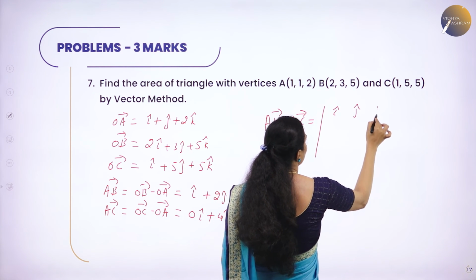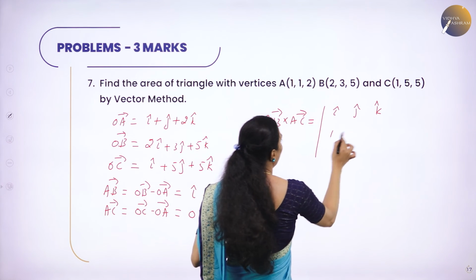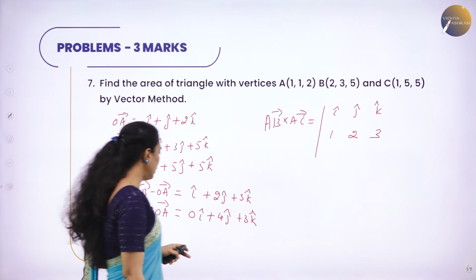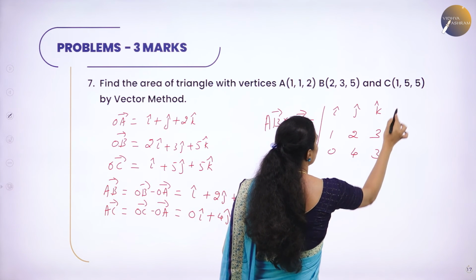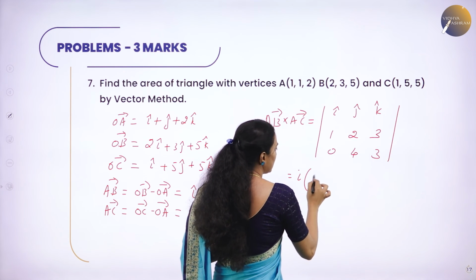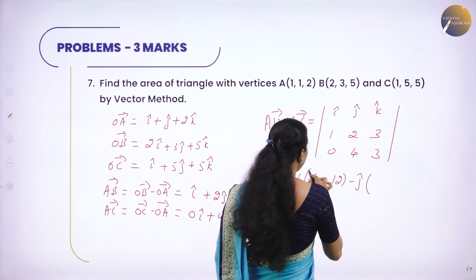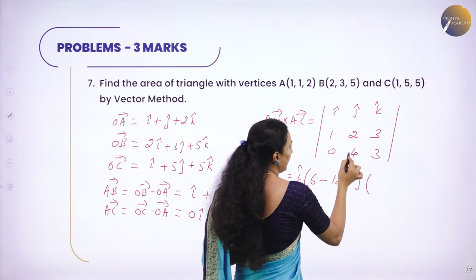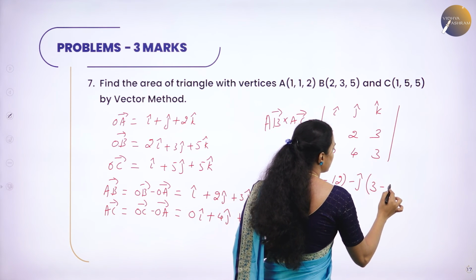Before finding the magnitude, we need to find the cross multiplication of AB and AC, which is given by i, j, k, coefficients of AB 1, 2, 3, coefficients of AC 0, 4, 3. Expanding this, it will be i into 2 3s are 6 minus 4 3s are 12, minus j into 1 into 3, which is 3, minus 0 into 3, which is 0.